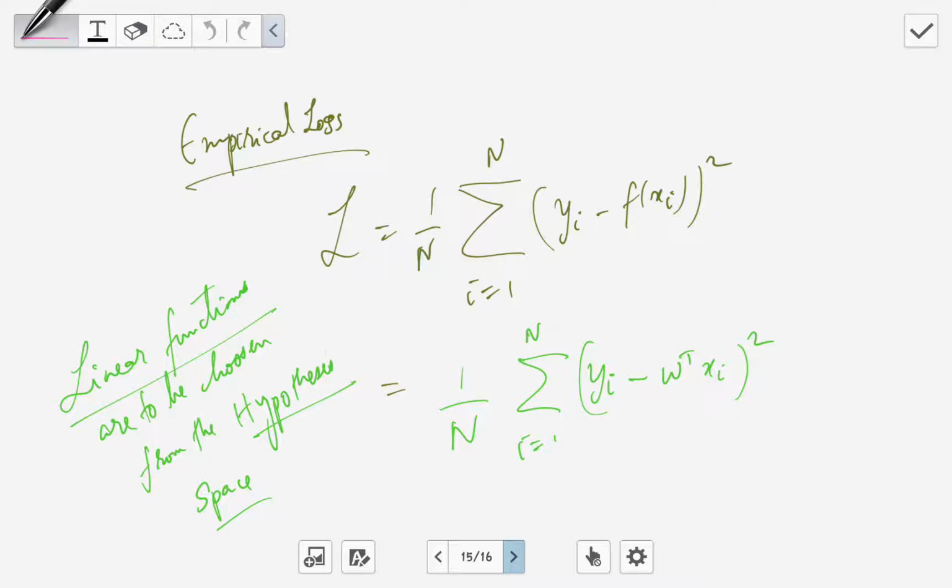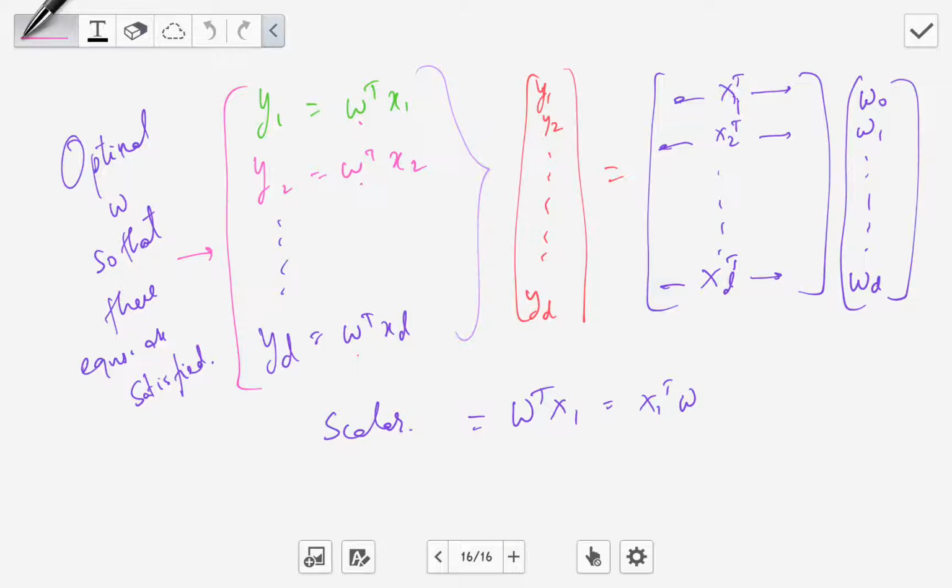We want yi equal to w transpose xi. We ideally want this. So x1 transpose, I would write it this way because of this property.